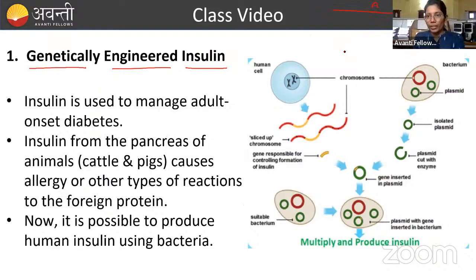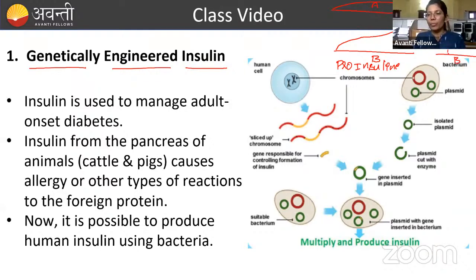This is chain A, this is chain B, and the next is chain C. Pro-insulin, meaning before the actual form of insulin, has chain A, chain B and chain C. When it matures into insulin, the C chain gets removed and only the A chain and B chain remain.